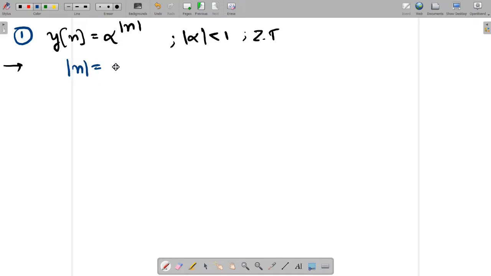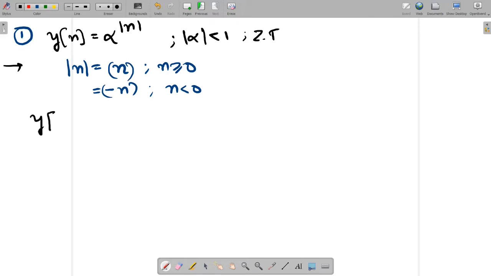So, I can write mod n as n for n more than or equal to 0, and the value of mod n is equal to minus n for n less than 0. For example, if n is minus 2, the value of mod n is minus of minus 2, that is plus 2. So, mod n gives you positive values. The value of mod n is n for n more than or equal to 0, and minus n for n less than 0. With this basic understanding, let us start off with this sum.